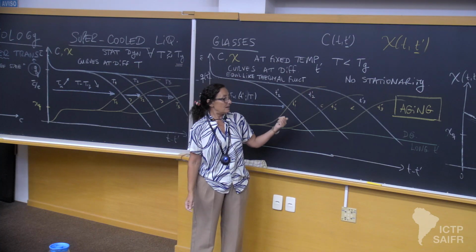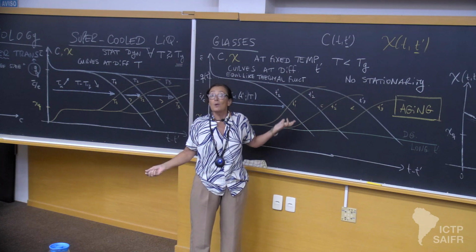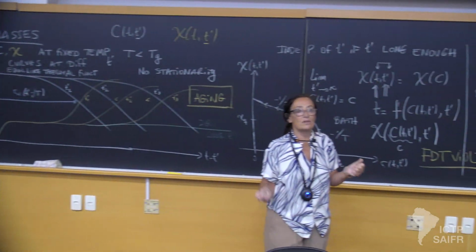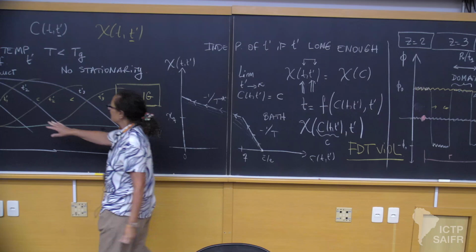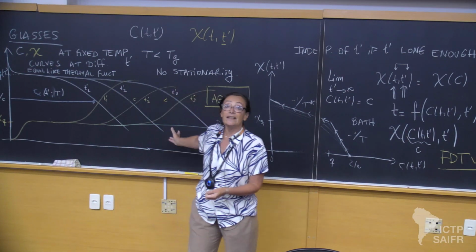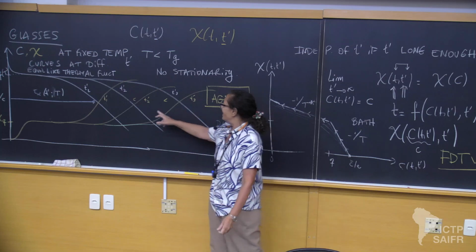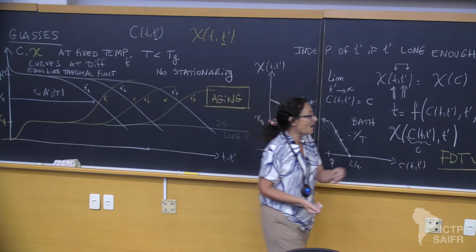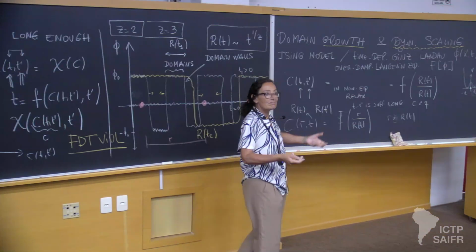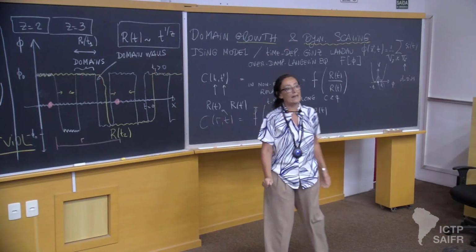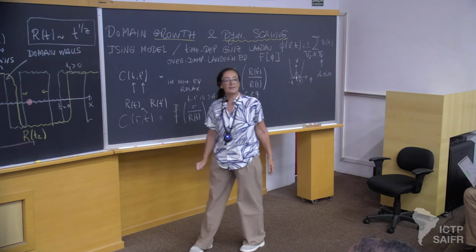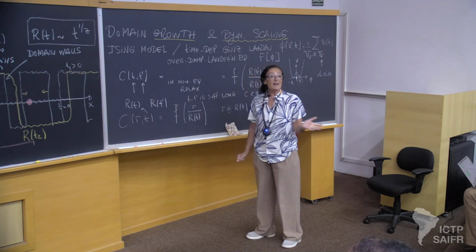In the glassy problem, you cannot identify domain walls or things like this, so you don't really know very well what this structural relaxation corresponds to in terms of microscopy. But it's there. And you can also scale the curves with some R of t, only that you cannot say what is it R of t? What is it enclosing? This is not clear. But there is a scaling of those curves, which is observed numerically and experimentally as well. So it remains an open issue.